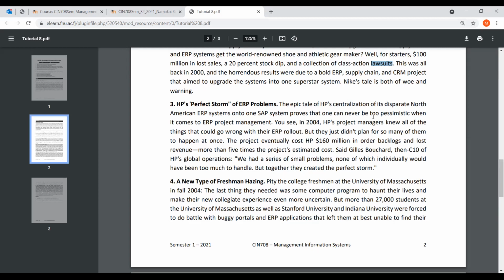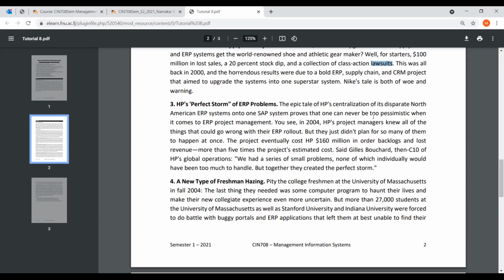Now let's read this. The epic tale of HP's centralization of its disparate North American ERP systems onto one SAP system proves that no one can be too pessimistic when it comes to ERP project management. You see, in 2004, HP's project managers knew all of the things that could go wrong with their ERP rollout, but they didn't plan for so many of them to happen at once.